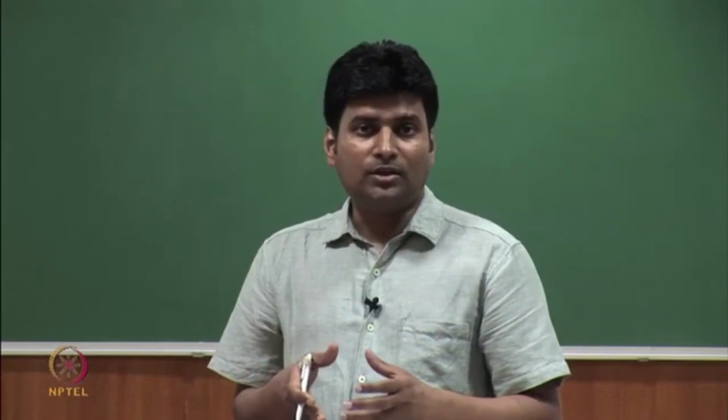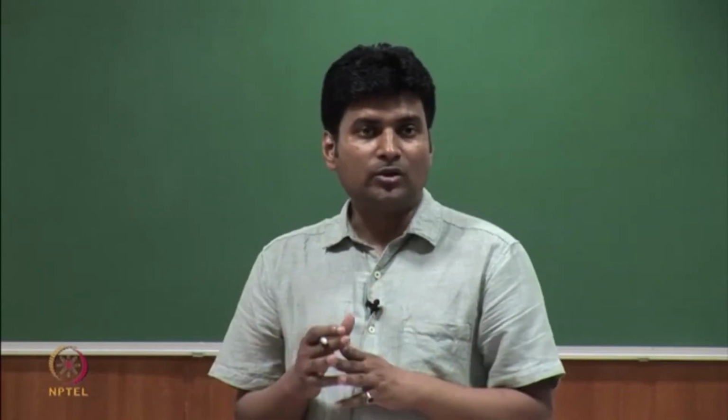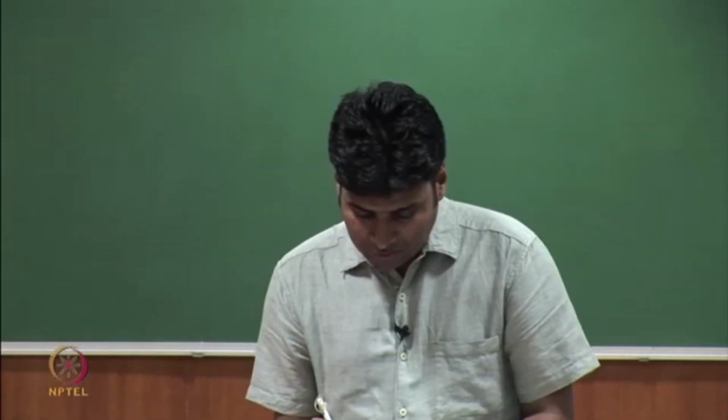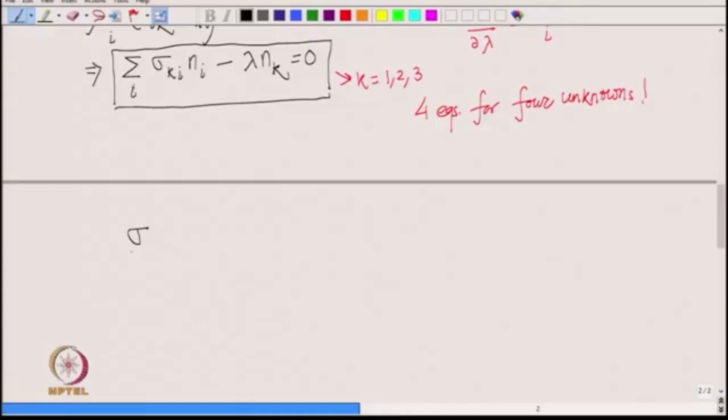So, if you write all the 3 equations together, you actually get a matrix equation, which looks like the following: sigma matrix into the vector n is equal to lambda times the vector n, isn't it?